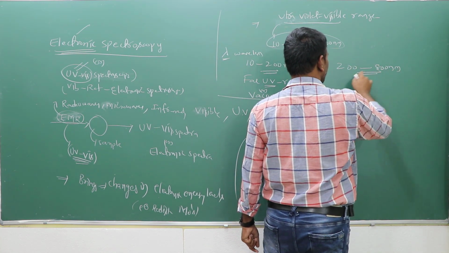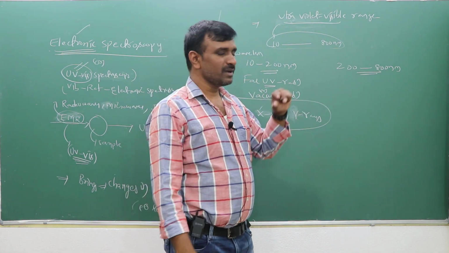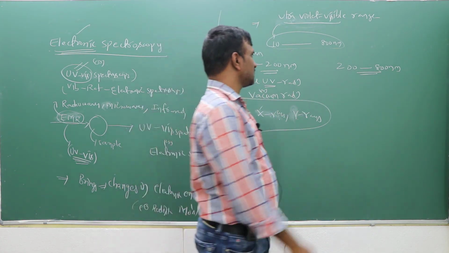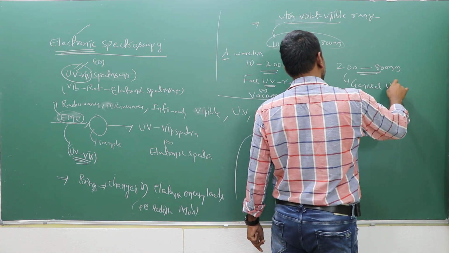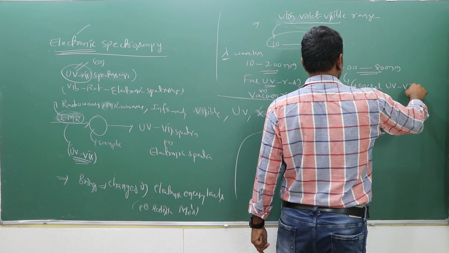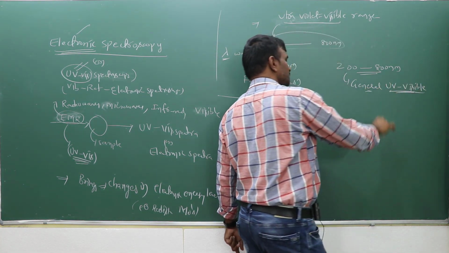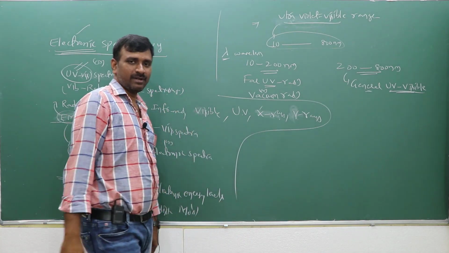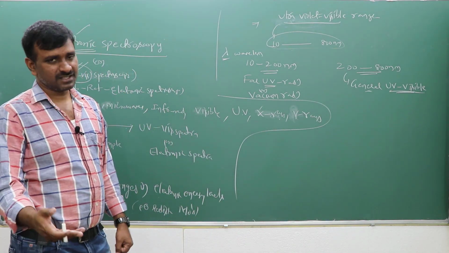200 to 800 nanometers wavelength of radiation is considered the general UV visible range of radiation. We use it frequently in conjugated compounds, conjugated pi systems.